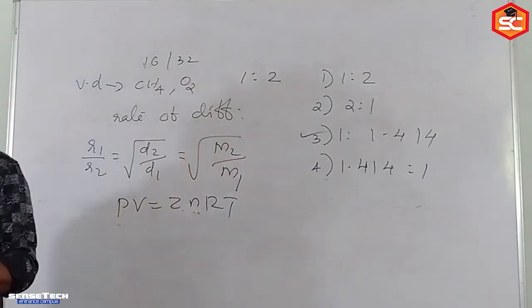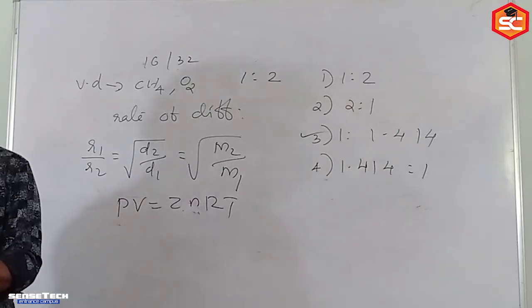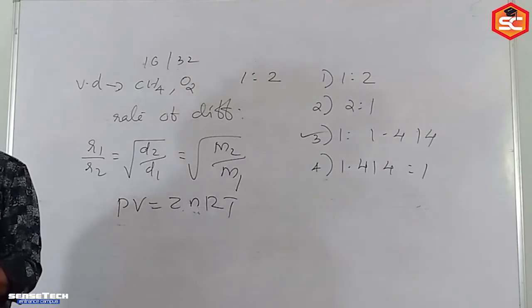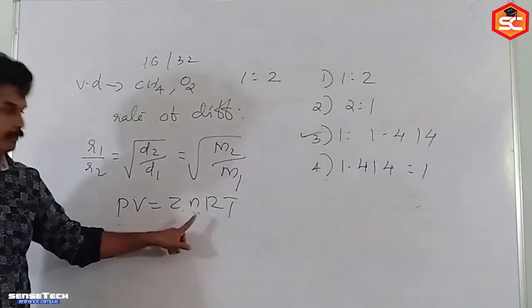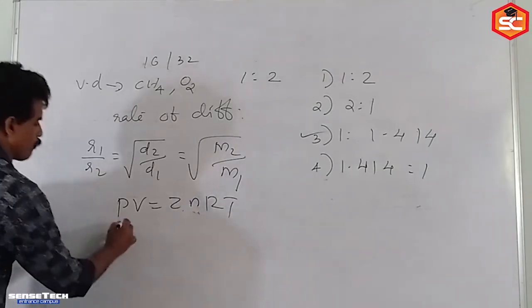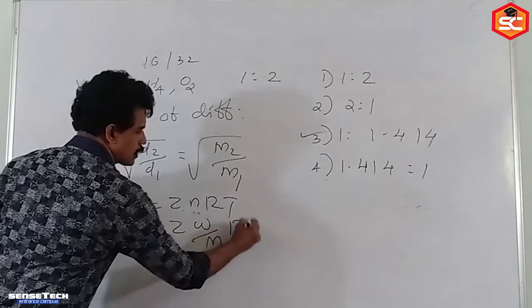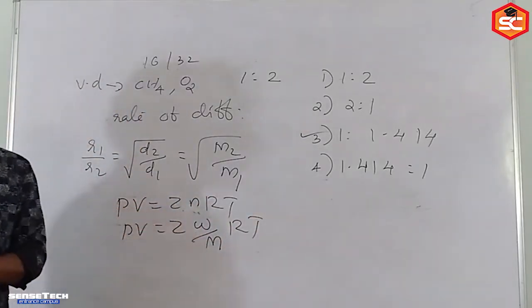In the question, P is given 100, volume also given 100, Z 0.927 is given. Then weight of gas you have to find out by molecular mass. n is W by M. So PV is equal to Z into W by M into RT. All are known, so we can find out W. Calculate the value of W.